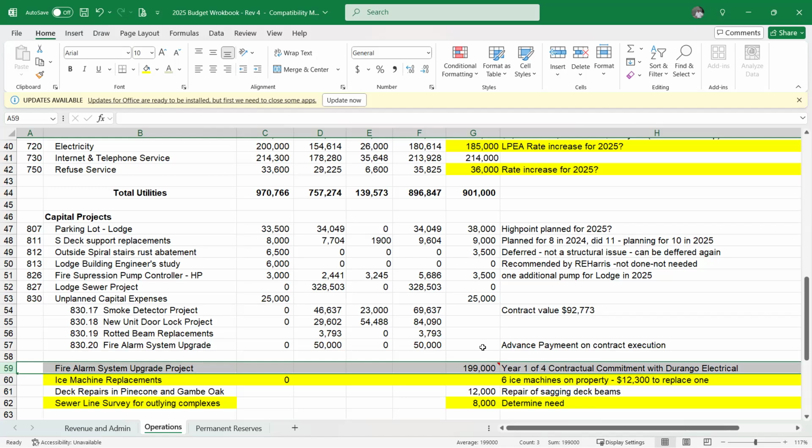Now, this isn't the smoke detectors. This is the new panels, and this is for the flow tamper alarms and making those completely remote reporting, so we don't have to have somebody on the alarm panel. I'm sure there will be some in-house costs for that. I just don't know what they are.